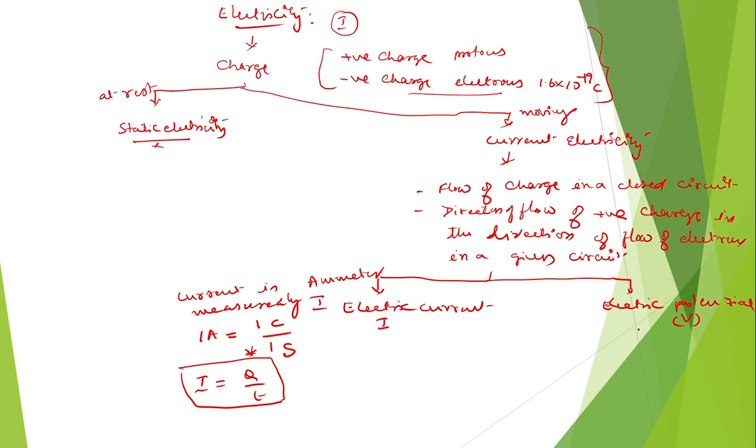Now we will come to electric potential, V. V is equal to V2 minus V1. If you take the potential difference between two points on a wire, this is V1 and this is V2. We subtract these two, then we get the voltage.